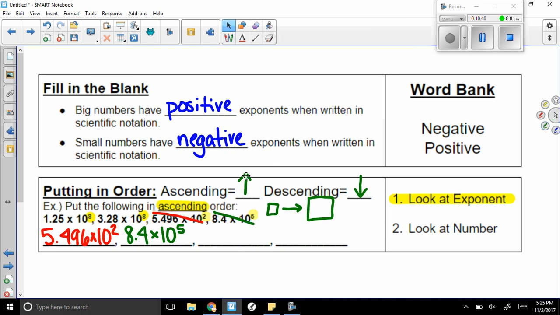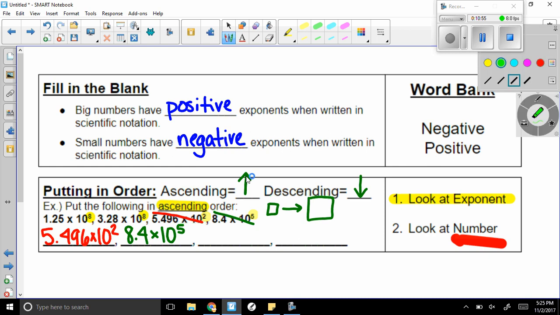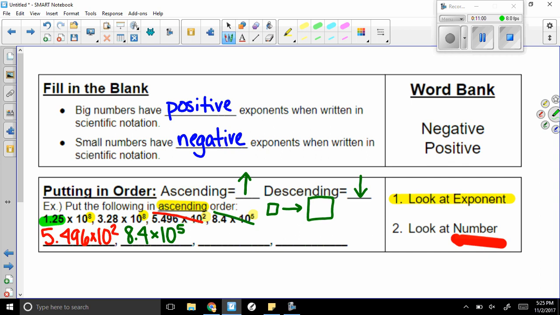Now I'm kind of in a little bit of a problem because they're both 8s, so I can't put them in order using the exponent. So I need to go on to step number 2. Now I'm going to look at that number that's getting multiplied. So I'm going to highlight these. I have 1.25 and I have 3.28. So they both have that power of 8.